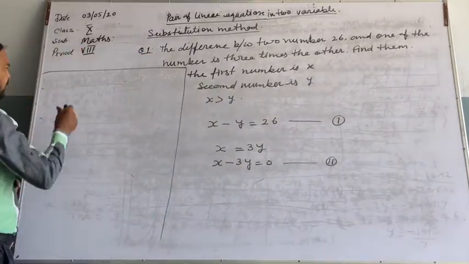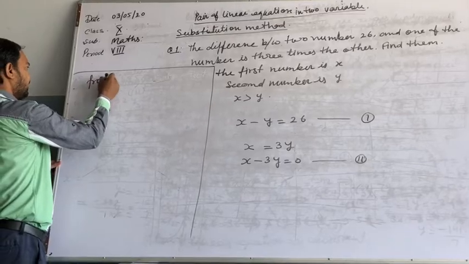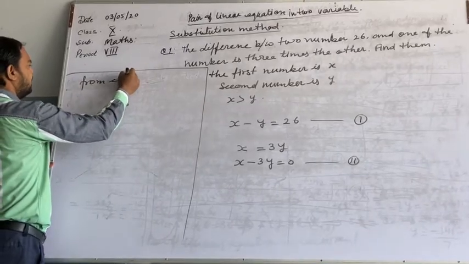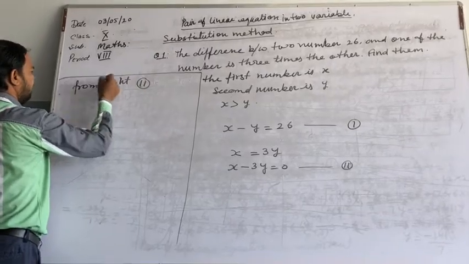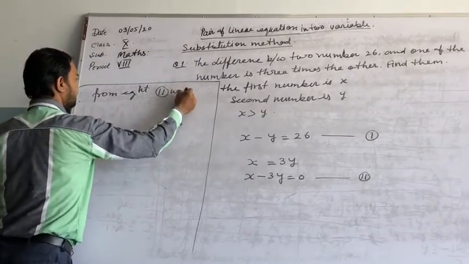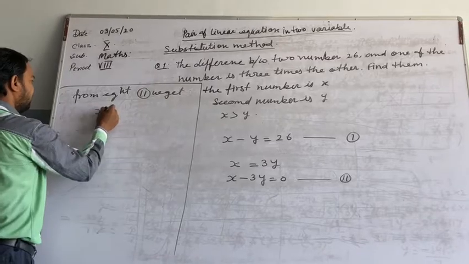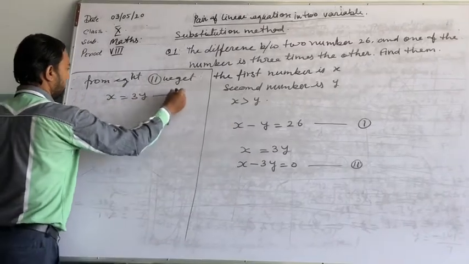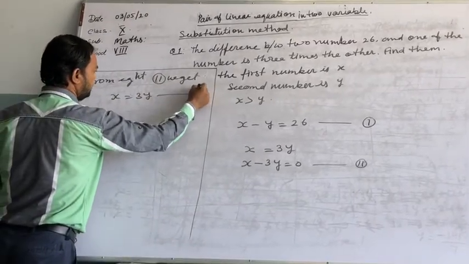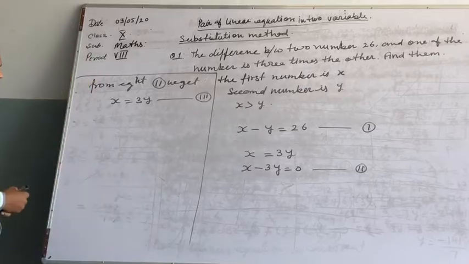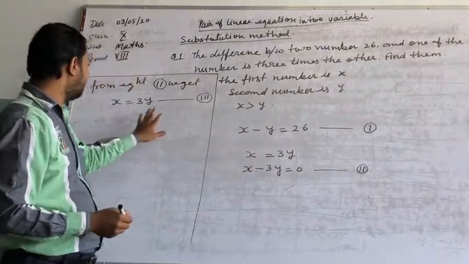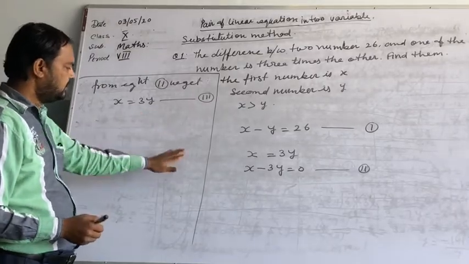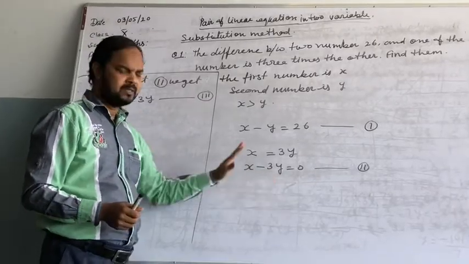So from equation second, we get x equals 3y. Directly it is given that x equals 3y, so you can use x equals 3y.